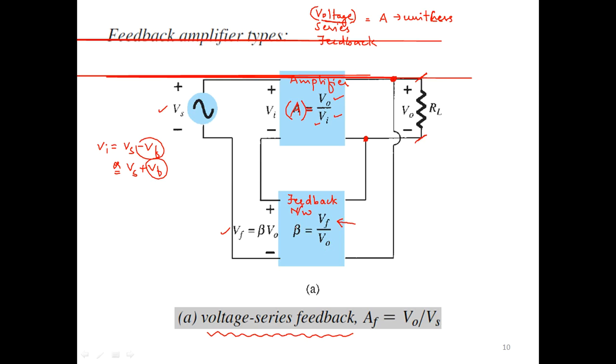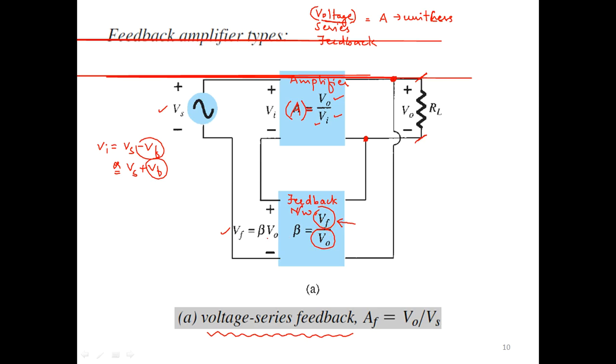Now what about beta? Beta is the feedback parameter. It is again the ratio of output upon input. Now for this feedback network, the output is the feedback voltage and the input is the output voltage.